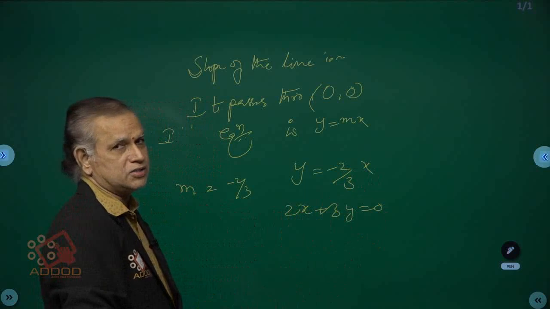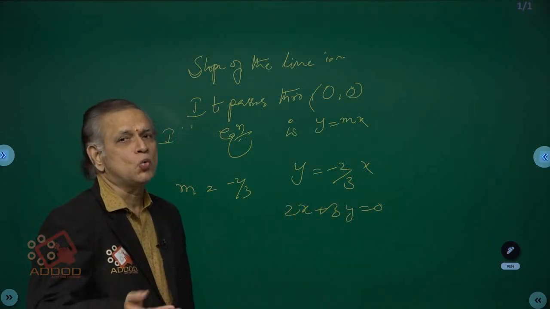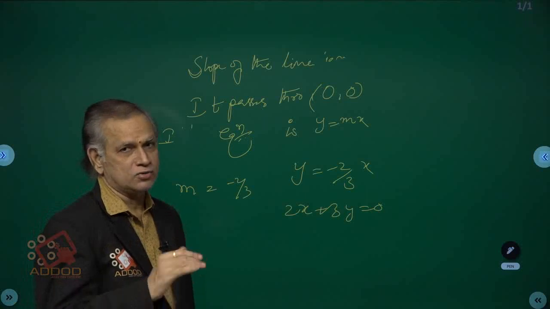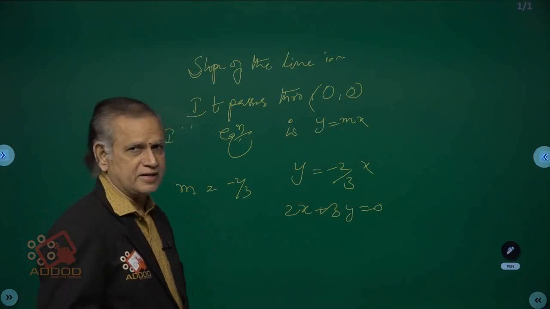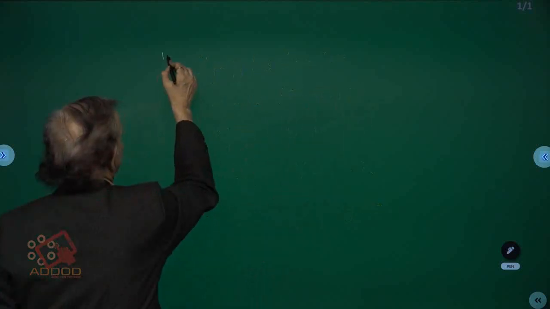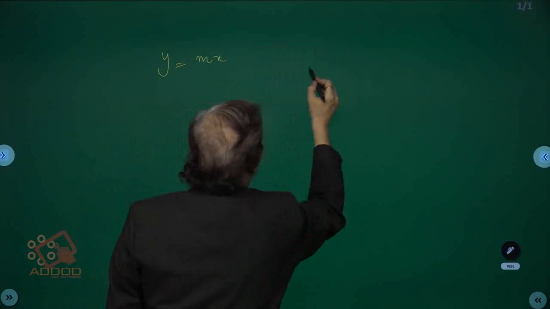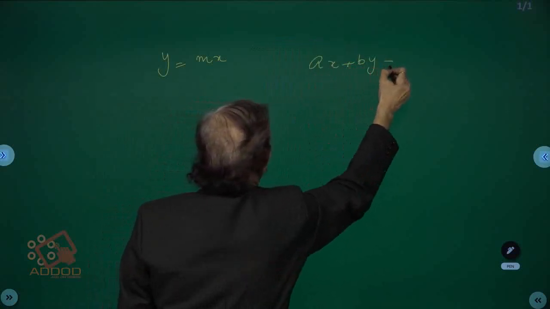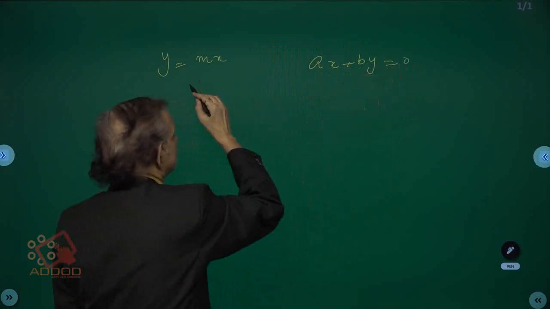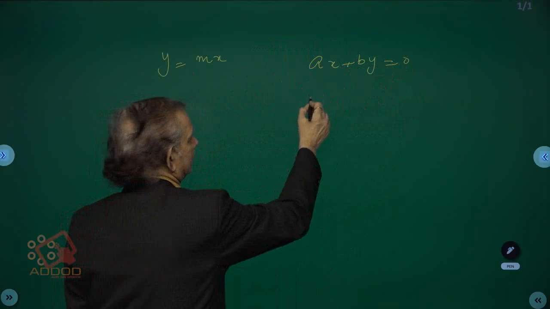At this juncture, I would like you to form one particular habit. I want to see that this is habituated. What is that? Let me explain. You observe the two forms y is equal to mx and ax plus by plus c is equal to 0. No constant. This passes through origin, this also passes through origin. Observe this.